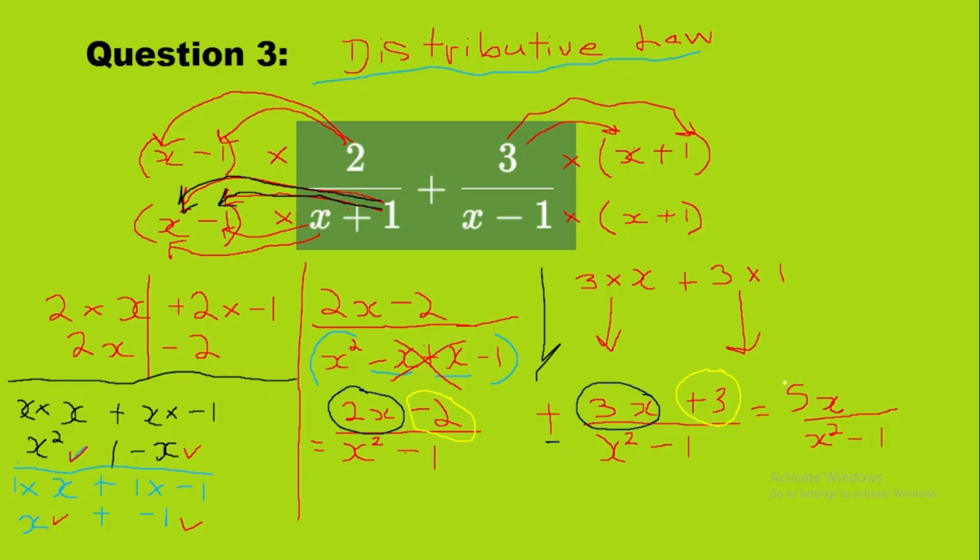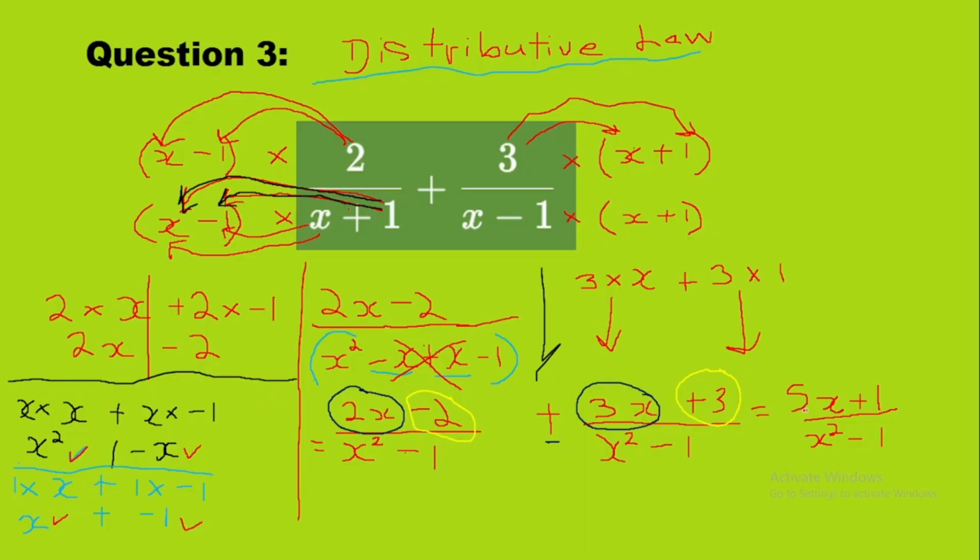So whichever way works for you, that's fine. Because you'll have 1 remaining, negative 2 plus 3 will give you plus 1.